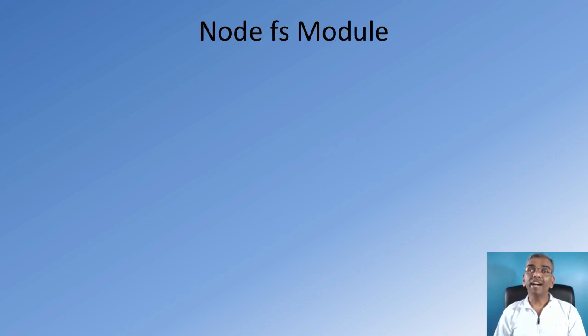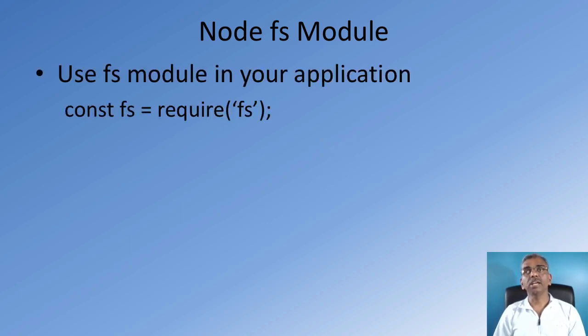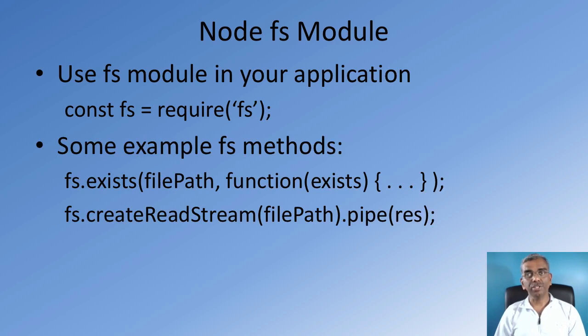Similarly, the file system module, again a core module in Node, will enable us to read and write files that exist in the local file system on the computer. So the file system module can be used within our Node application by requiring it as shown here. This file system module supports many methods, including a method for checking whether the file exists in the local file system or not.